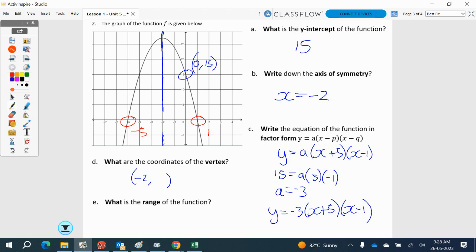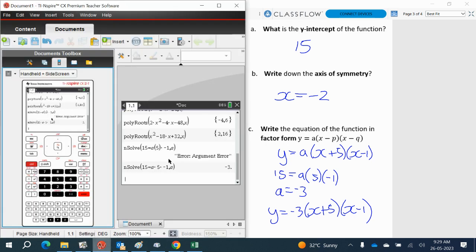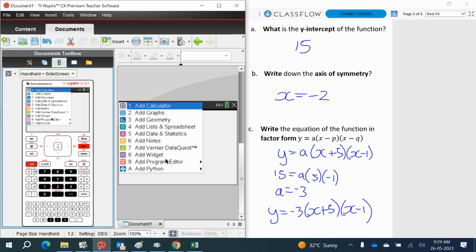So what we need to do now is find the coordinates of the vertex. But now we've got the function. So pull up your graphing calculator. Take it in your hand now to practice. Press Control, add page, where it says document.